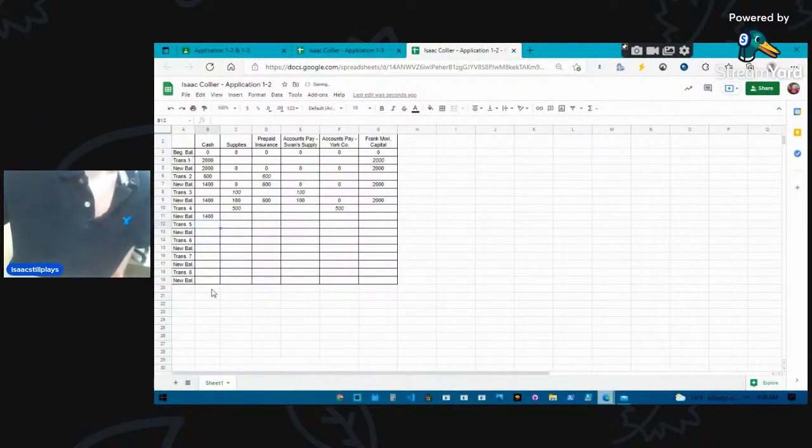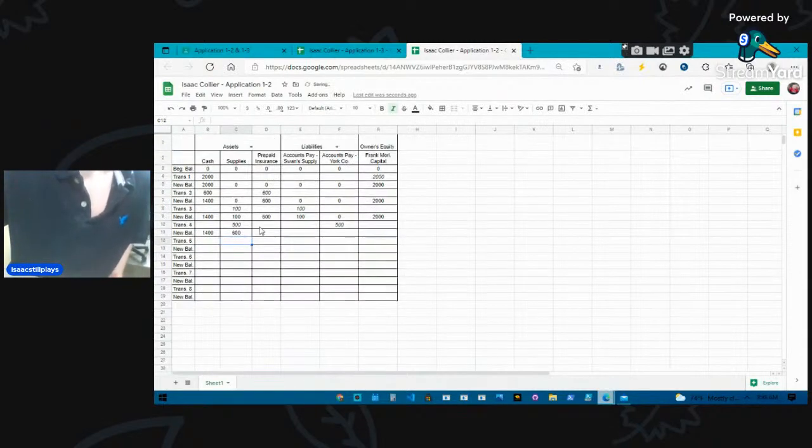What happened to supplies? It went up. Okay, so we have now 600. Now we have 600 in prepaid insurance still. We still have 100 in Swans. Now we have how much in York? 500. And then we still have how much in Capital? 2,000. There you go. Does that kind of help a little?